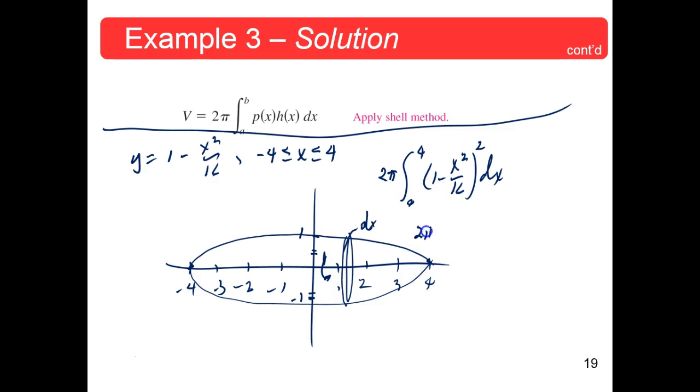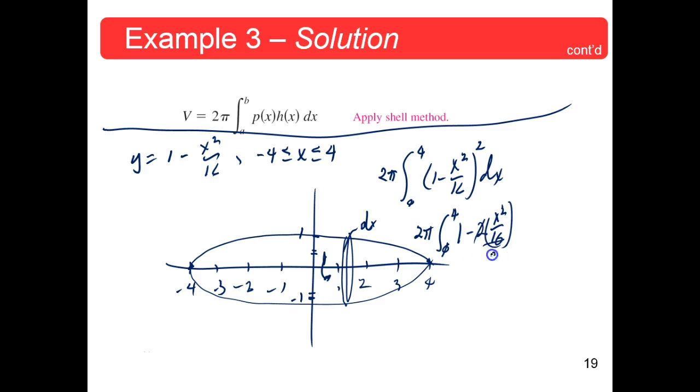So first we have to do 2 pi times the integral from 0 to 4. Okay? We got to square that thing. So what is that thing squared? Help me. 1, good. Minus twice the product of these two. That would be twice 1 times x squared over 16, right?